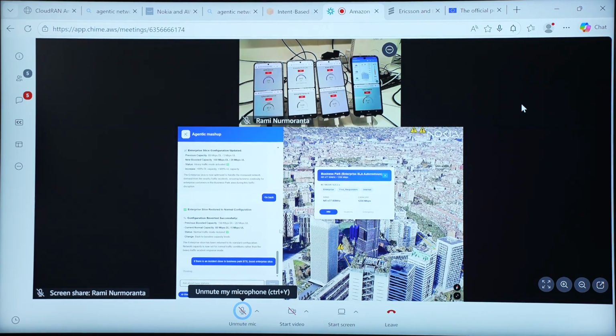For this demo, essentially we have 4 devices that are using different network slices. The first device is using the default mobile broadband slice. The second device is set up to mimic an enterprise factory with a different slice, and then we have one for event VIP slices, and also one for gaming.